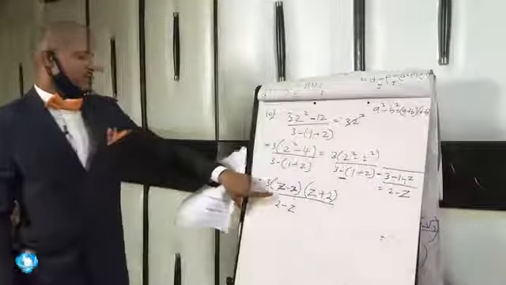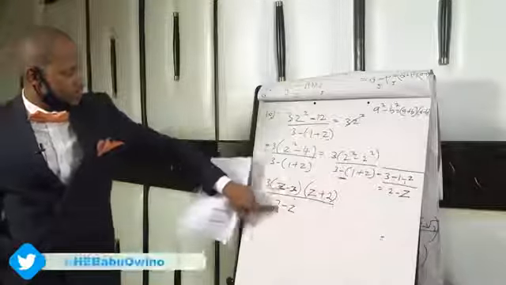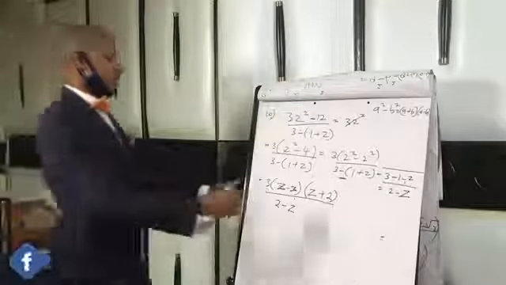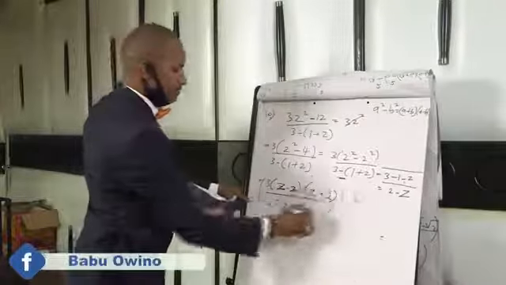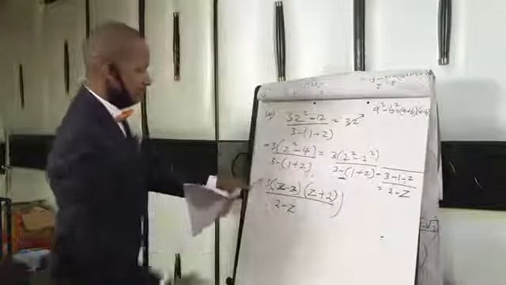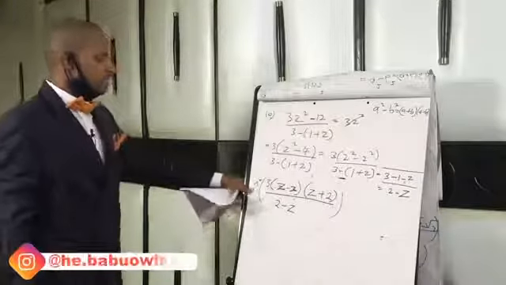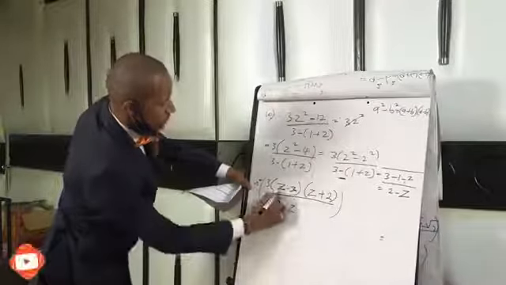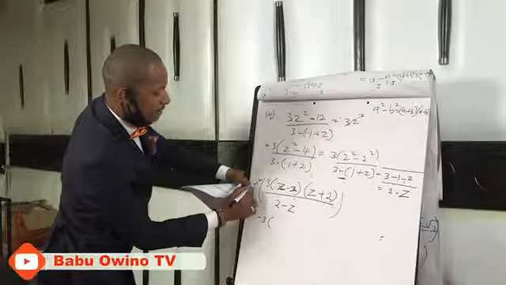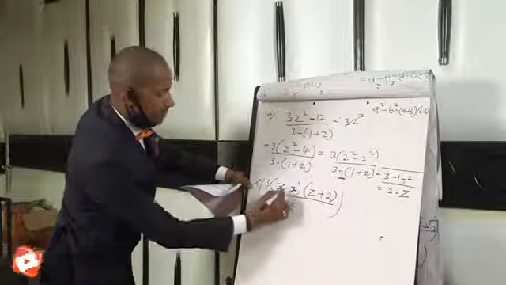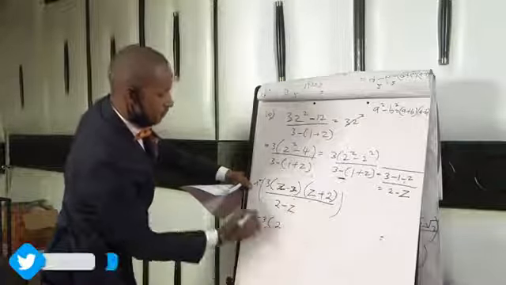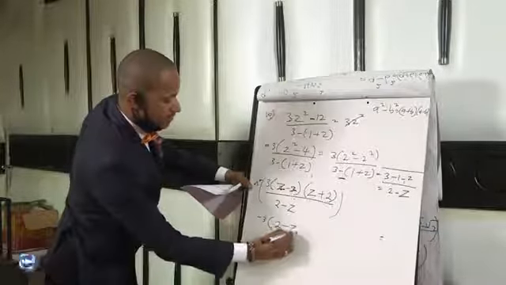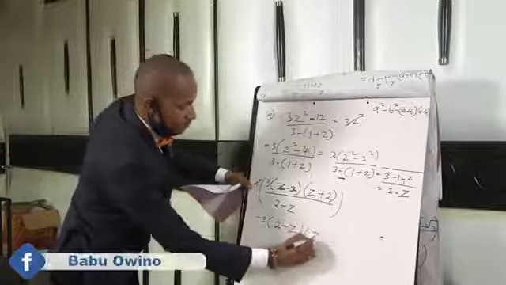Again, there is a relationship between z minus 2 and 2 minus z. But we introduce a negative 1 at the numerator. So when you introduce a negative 1 at the numerator, we will have negative 3 into, this is z, minus 1 times 2 times minus 2 is 2, then minus 1 times z is minus z, into z plus 2.